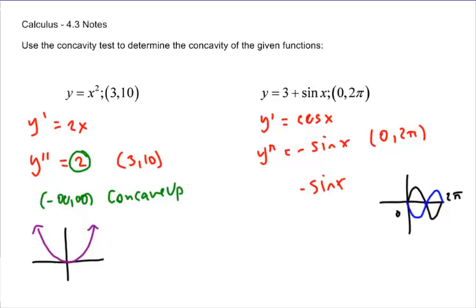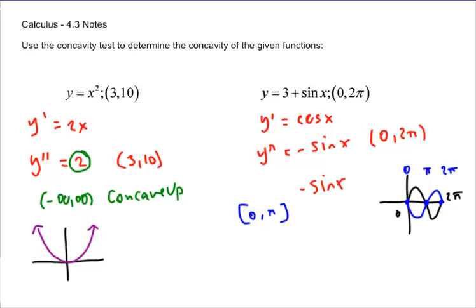The important points for the sine are 0, pi, and 2 pi. Those are going to be our zeros. If you can't remember that, look at your trig chart, and you'll see that that's where the sine of x is equal to 0.